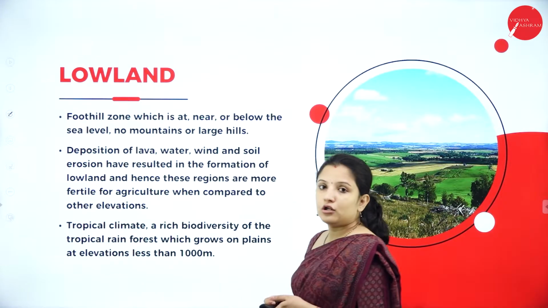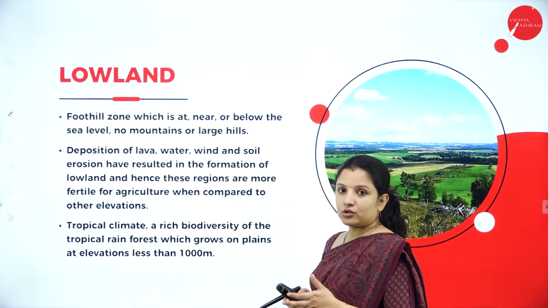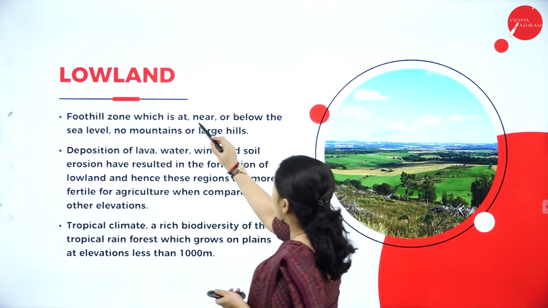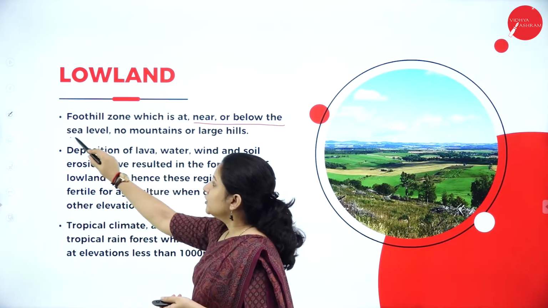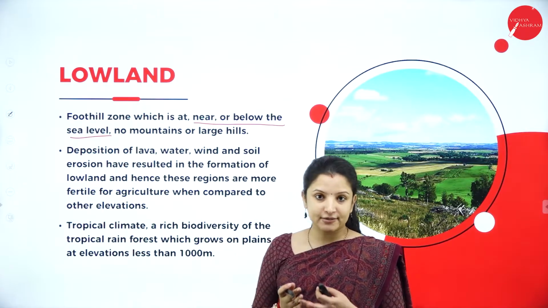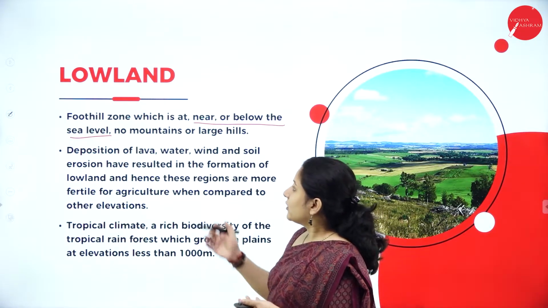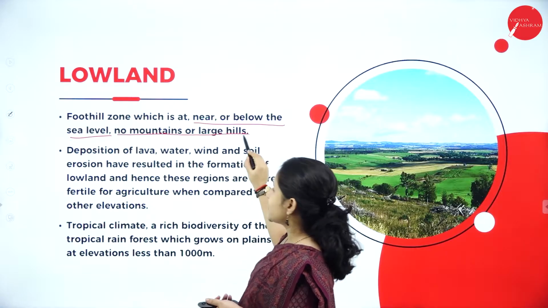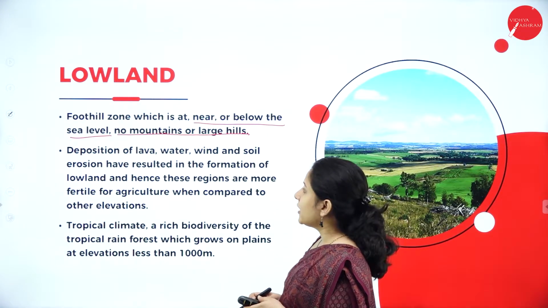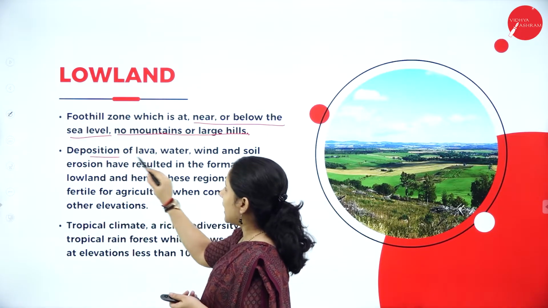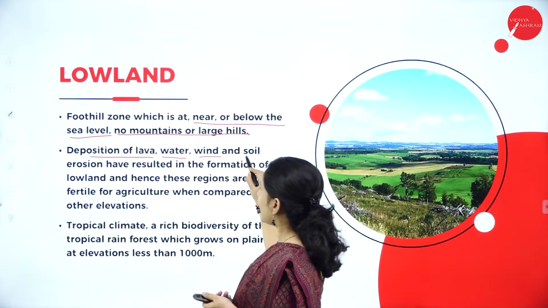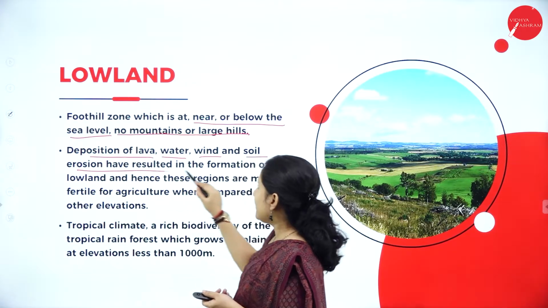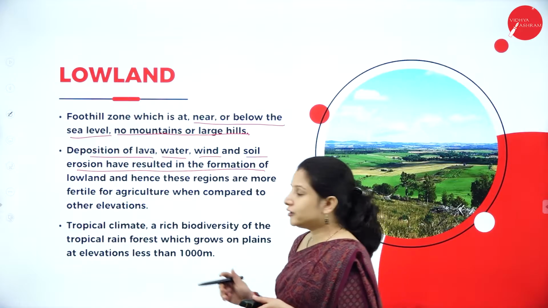Talking about the lowland zone, it is near or below sea level. We all are living in the lowland zone, right? There are no mountains or large hills in this zone, and the deposition of lava, water, wind and soil erosion have resulted in the formation of lowland.